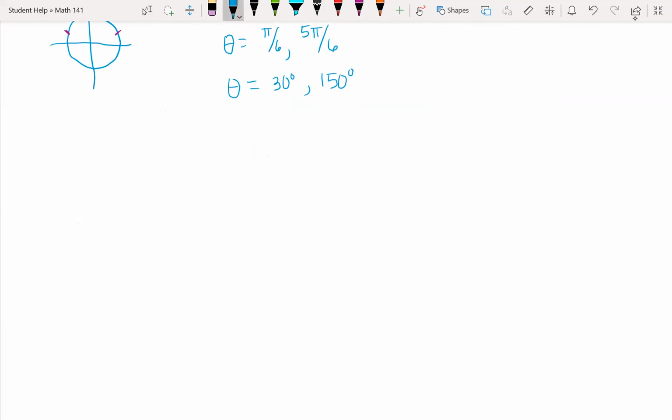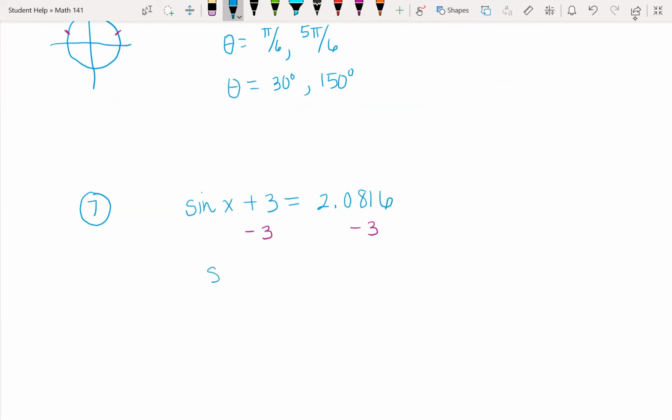For the next problem, we're going to be looking at values that are not on the unit circle. So let's solve sine of x plus 3 equals 2.0816. I'll start by subtracting 3 from both sides.